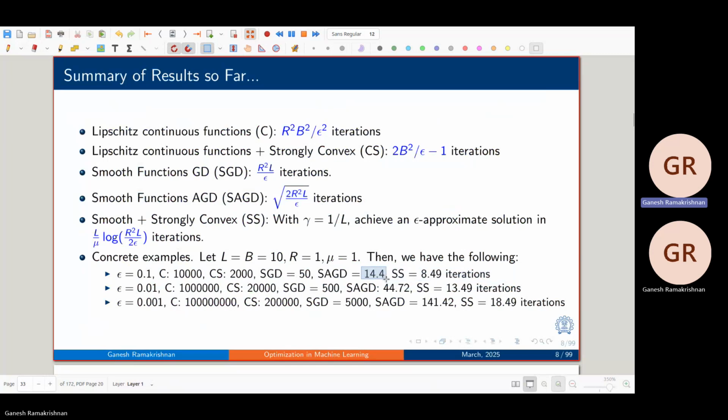So we are getting this 1 upon t squared convergence, which is leading to 14.4. If you want a 0.1 reduction in your error, you need approximately 30 more steps. In the case of smooth plus strongly convex, you needed a constant number of steps, 5. Here, the number of steps is not constant. So 14.4 and then 44.72 and then 140.42.